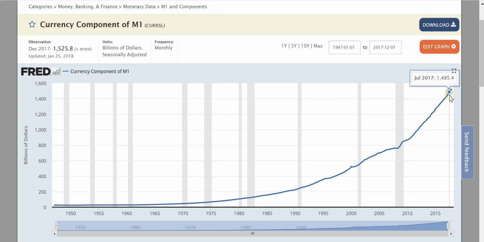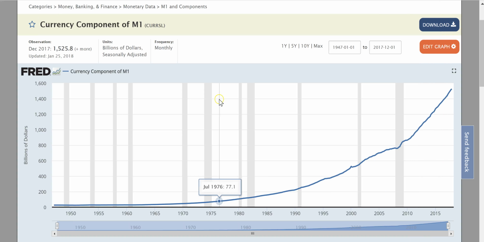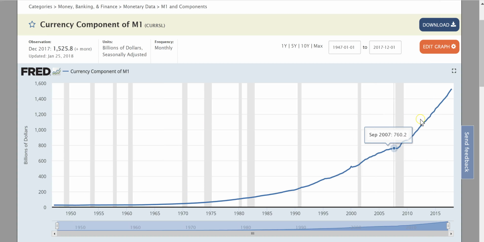If you check the graph, you can see the latest available data is in December 2017, and December 2016 is just 1 year earlier. And the units here are already billions of dollars, so we can just directly put in the numbers.